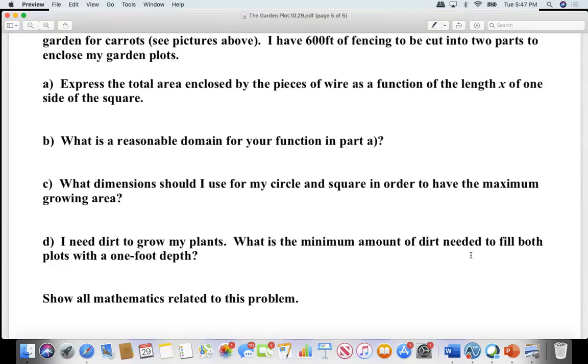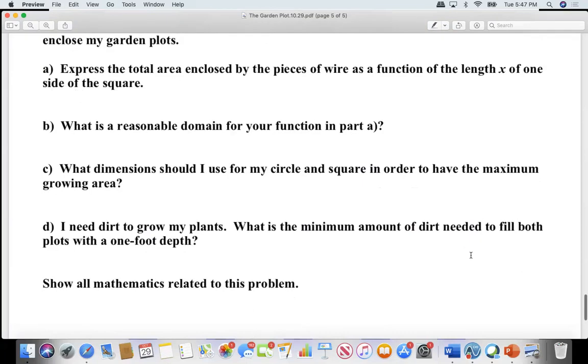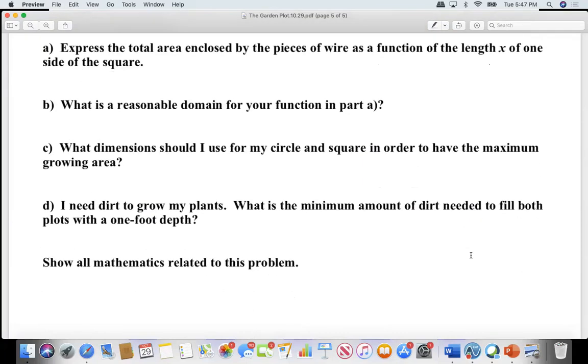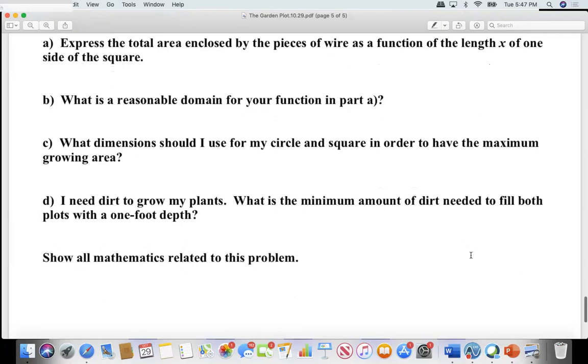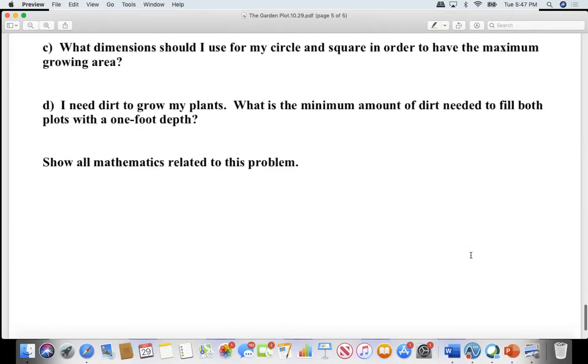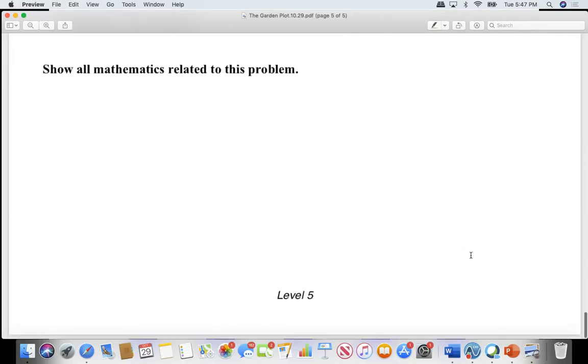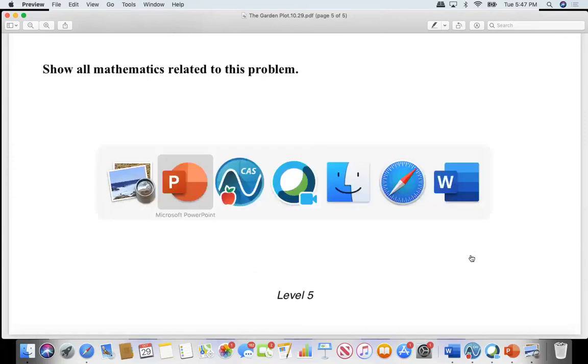Good discussion pieces. And then extending again a little bit, how much dirt am I going to need? So we want a constant width or constant depth, how much dirt will I need? So that's leading into a calculus level. Although the one before that is a classic: you have a wire, cut it into two pieces, with a circle and a square. Where should you cut it, etc.